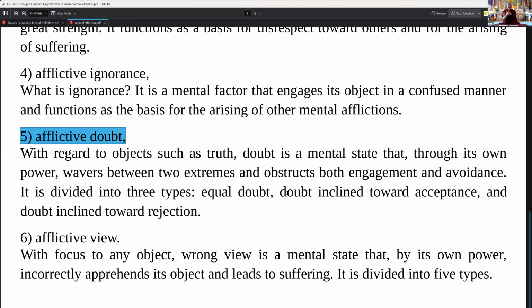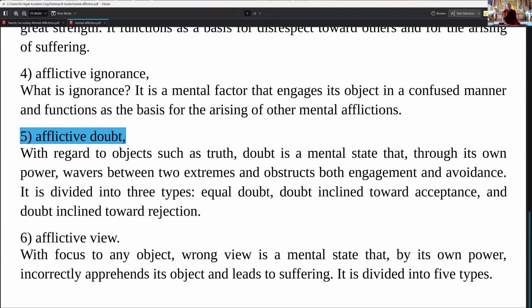We have to think, right? And then we are engaging anger. Is it right or wrong? We have to think, right? That is how it makes us confused or not clear about what I should engage in in order to have a peaceful life or calm mind, right? So this kind of thing is doubt.